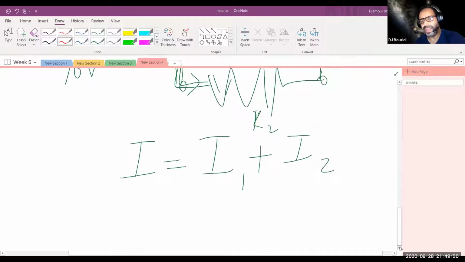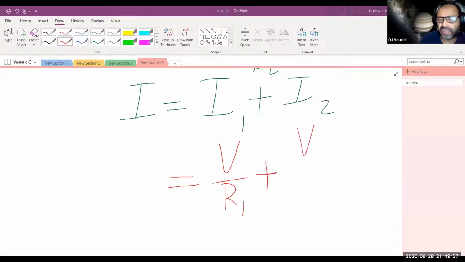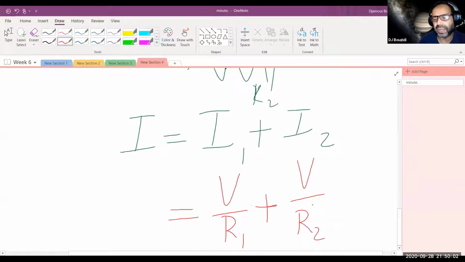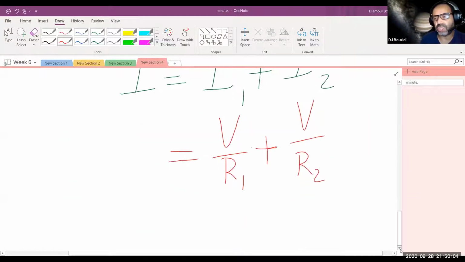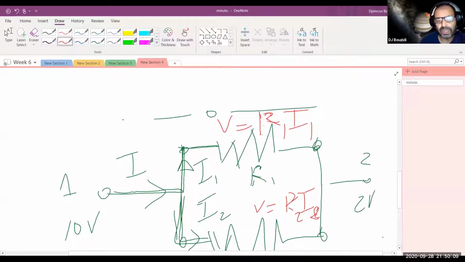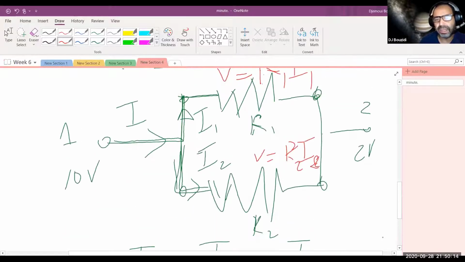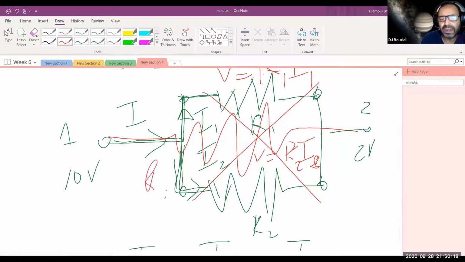So I1 is V over R1, and I2 is V over R2, just by substituting from Ohm's law for I1 and I2. And since it's the same potential V between point 1 and 2, this looks as if I have only a single R there. These two are no longer there, as if I have only a big R equivalent, so that V equals R equivalent times I, where I is the total current.